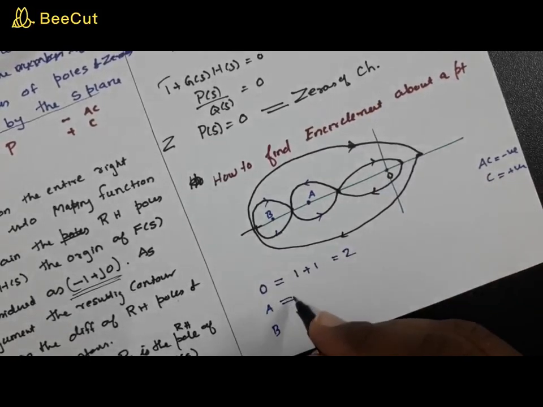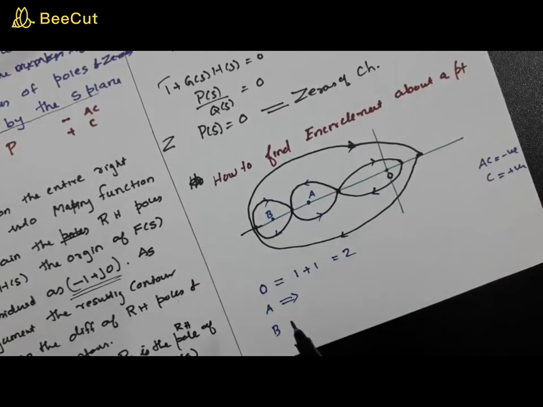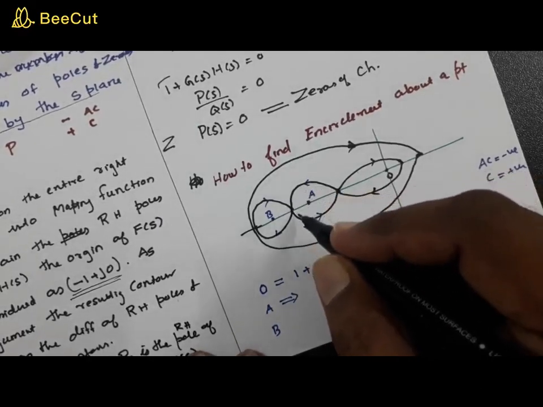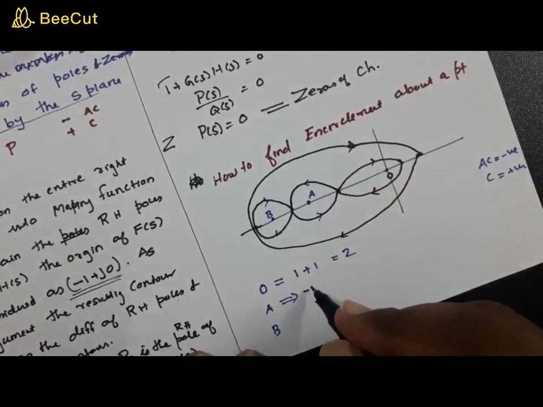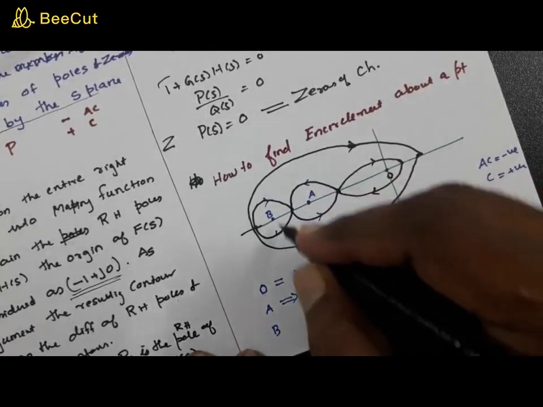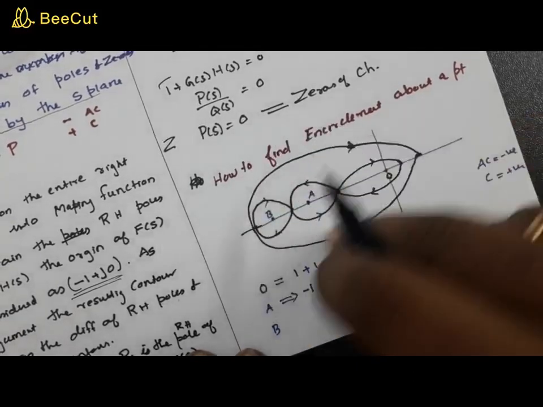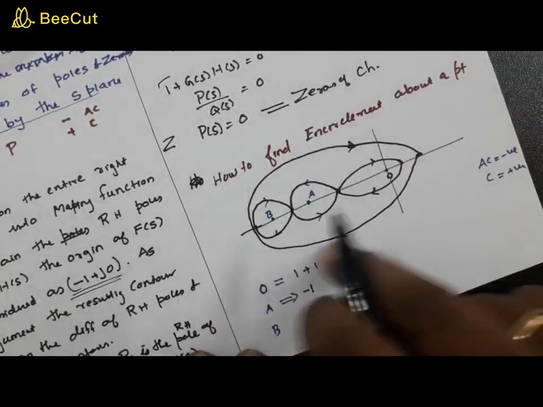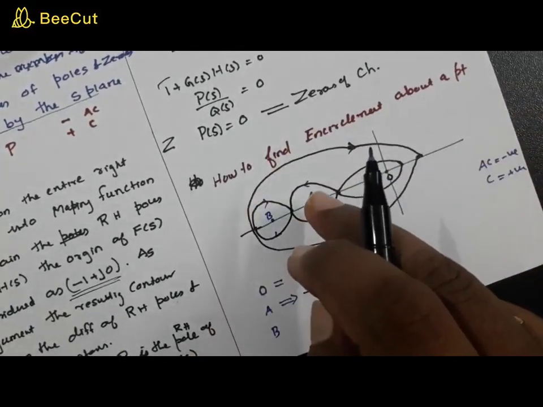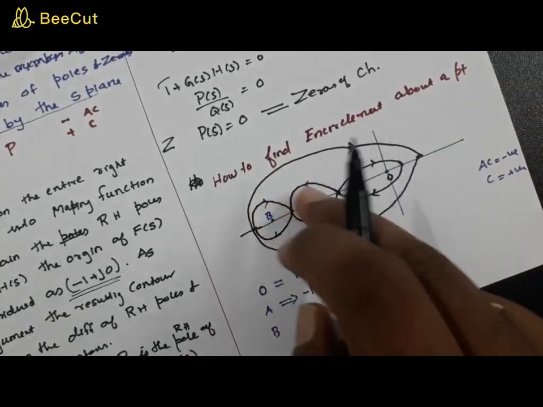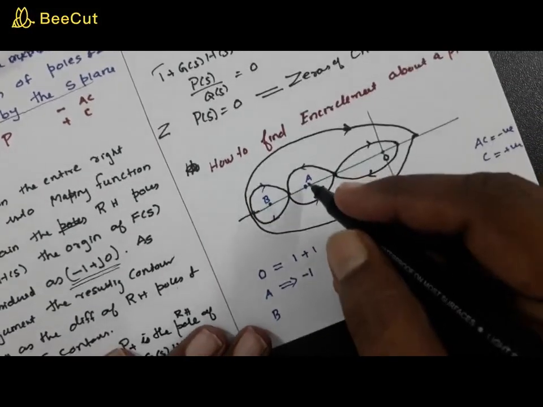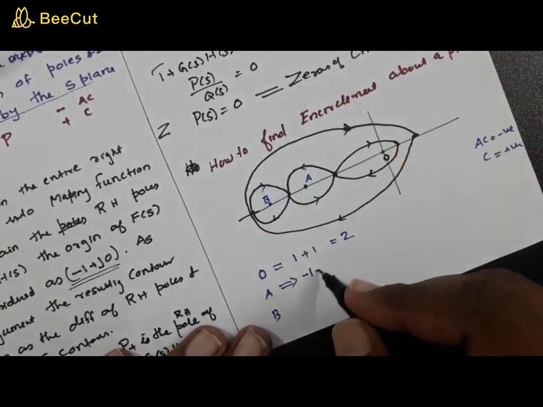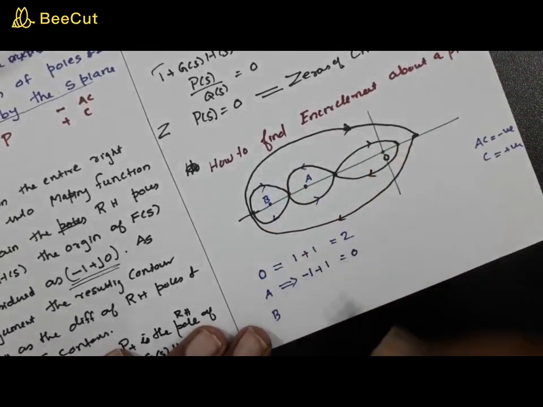Now what about point A? At point A, when you look at this, you can see that there is an anti-clockwise direction, so that is minus 1. Then this big encirclement is revolving around A as well. So A is also having one more encirclement, but that is in the clockwise direction, so that is plus 1, which makes it equal to 0.